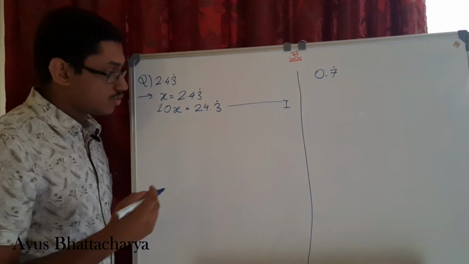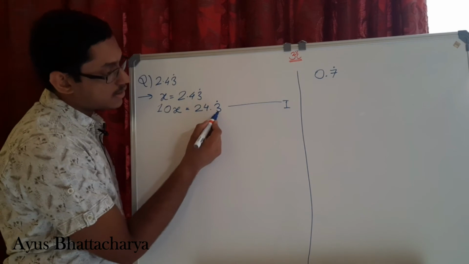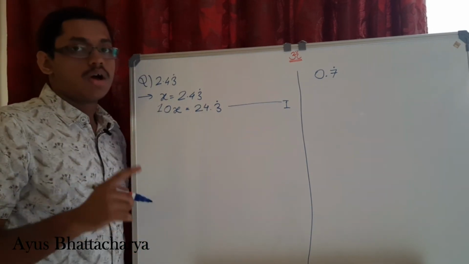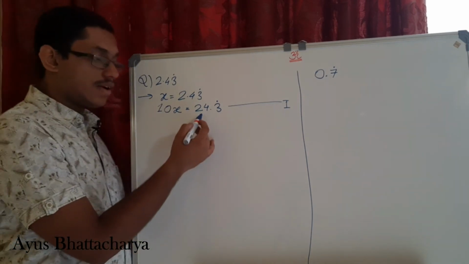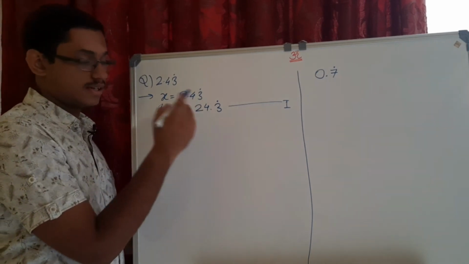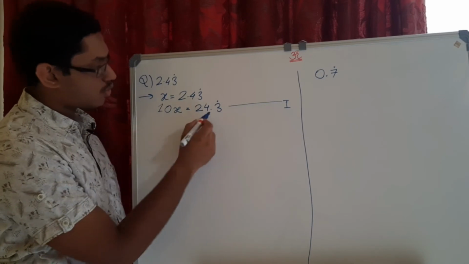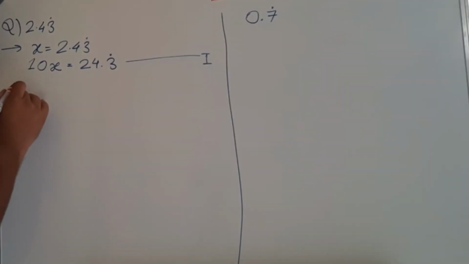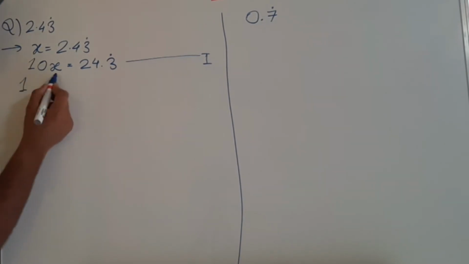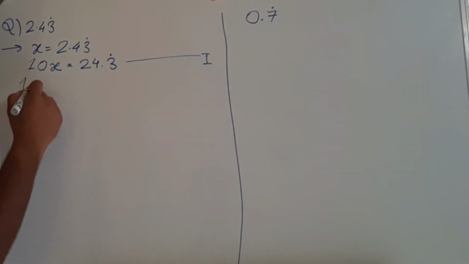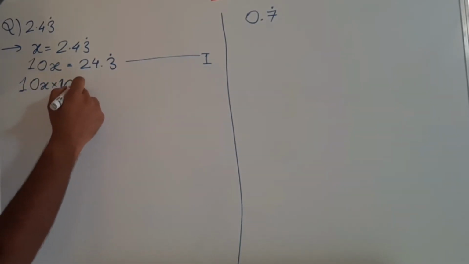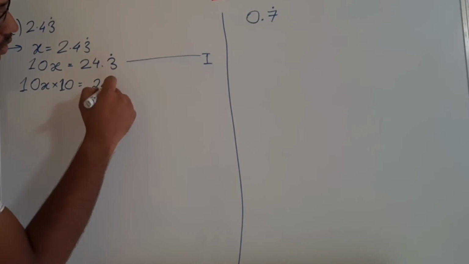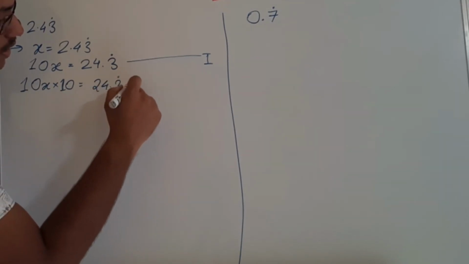Now the second target is to bring the repeating number once to the left side of the decimal point. Only one number is being repeated, so we just multiply by 10. So 10x into 10 is equal to 24.3 into 10.